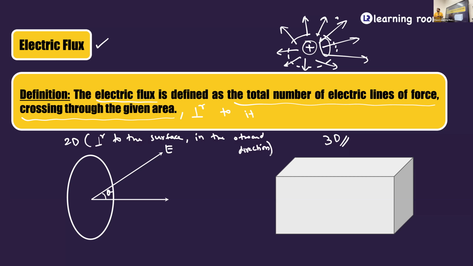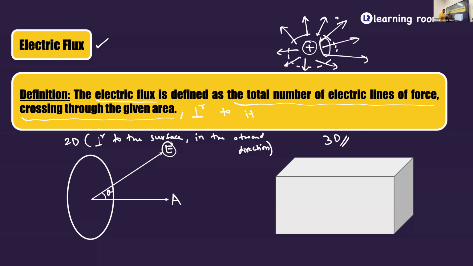I'll tell you the meaning of outward in the case of 3D. As of now, you see the circle is there, and I've considered the area vector to be perpendicular to the surface. So this is going to be the direction of area. Electric field and area are acting at an angle of theta with respect to each other.